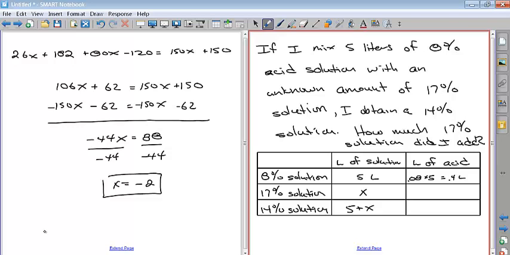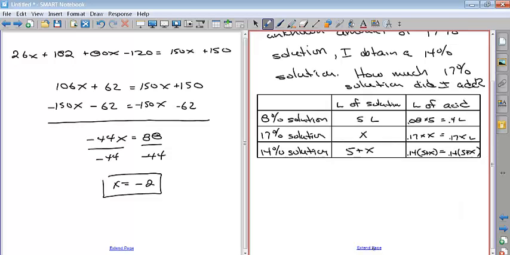Just double check, 0.08 times 5, that's 0.4. If I take 17% solution and multiply by X, I get 0.17X liters. The resulting is 0.14 times 5 plus X.